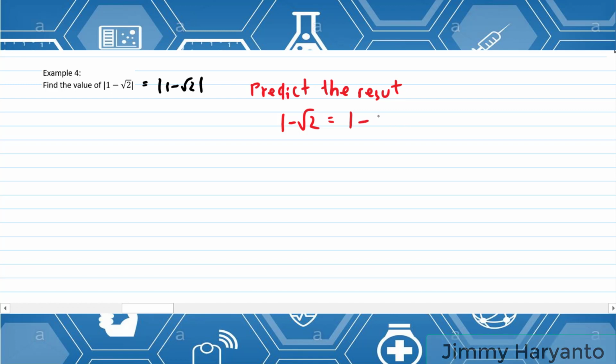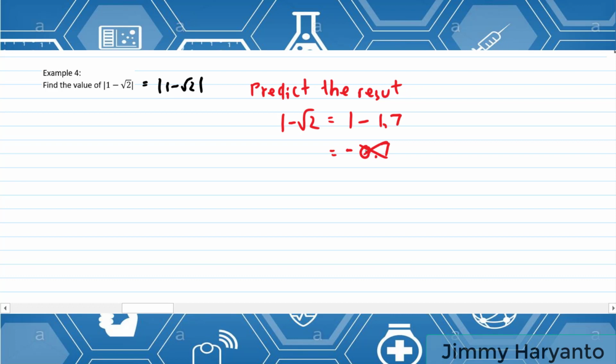How about example 4? Example 4 is absolute value of 1 minus root 2. We cannot calculate this since we are not allowed to use a calculator. So what do we do? We have to predict the result. 1 minus root 2 is around 1 minus 1.7, so the result will be negative 0.7.